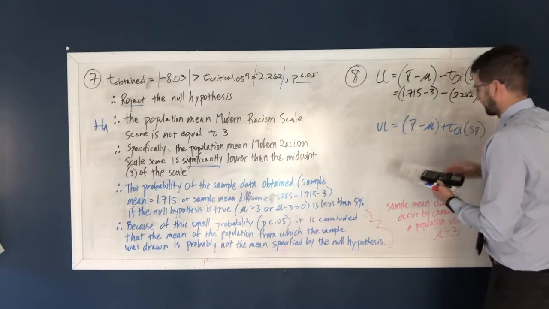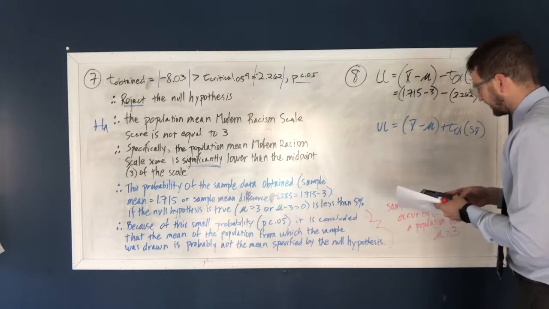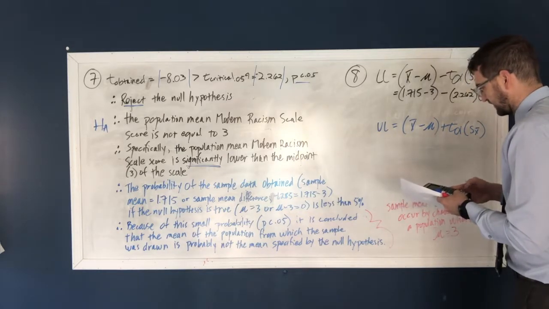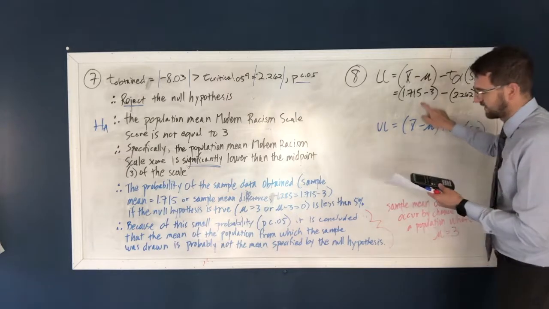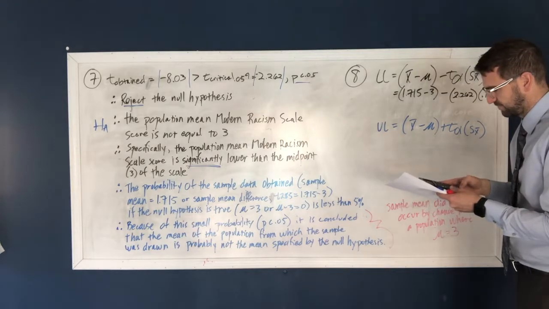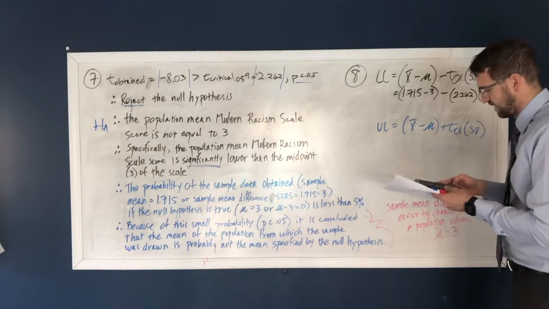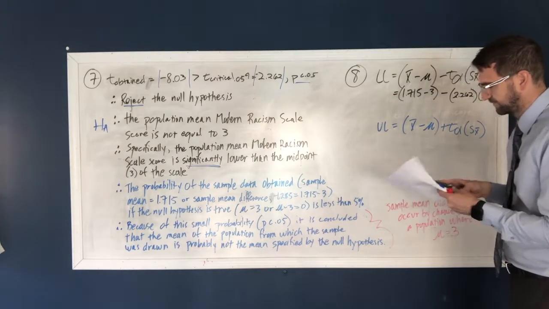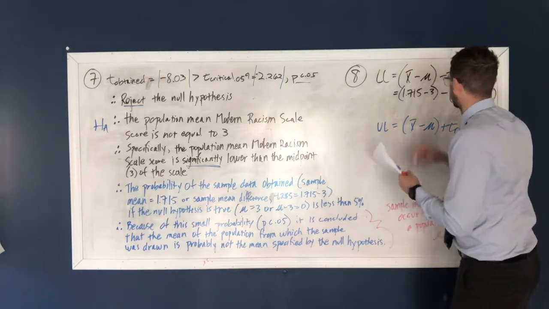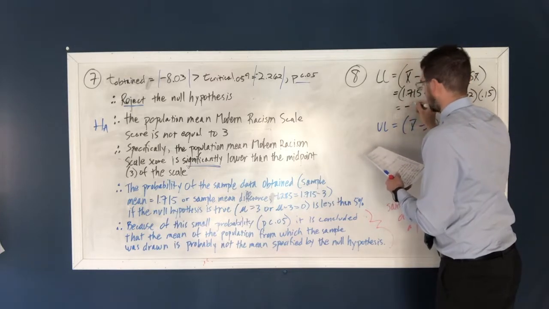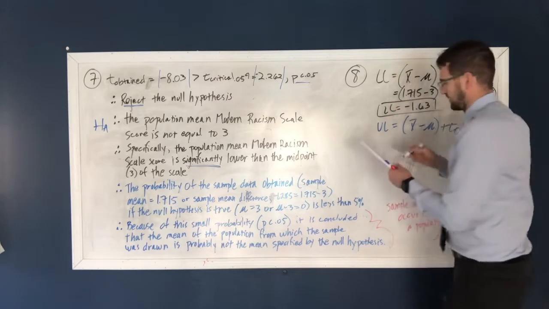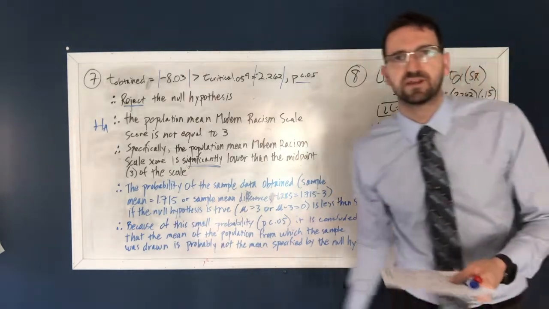Again, this is 0.34. So 1.715 minus 3 is going to be negative 1.285. We could just call it negative 1.29 minus a 0.34. So we're getting a negative 1.63. So in the notes it's a negative 1.62.